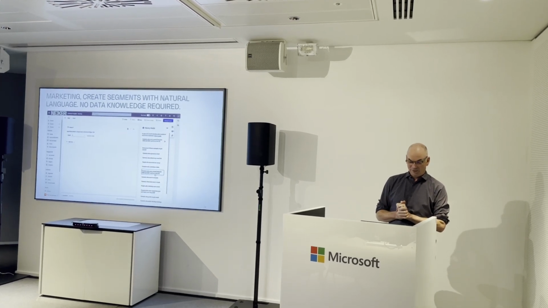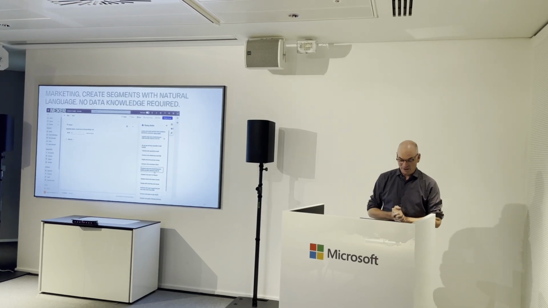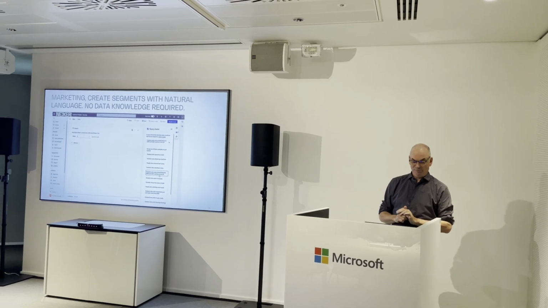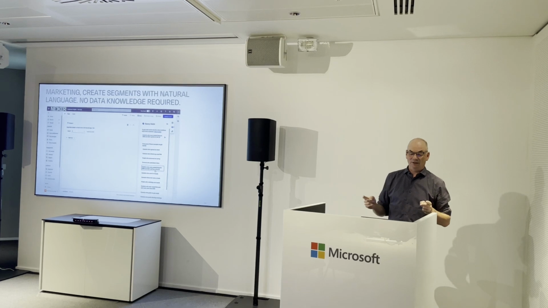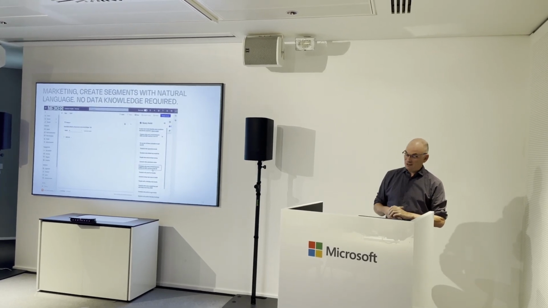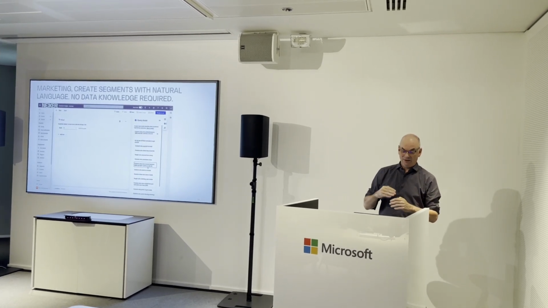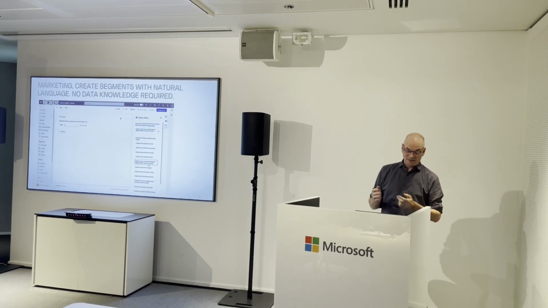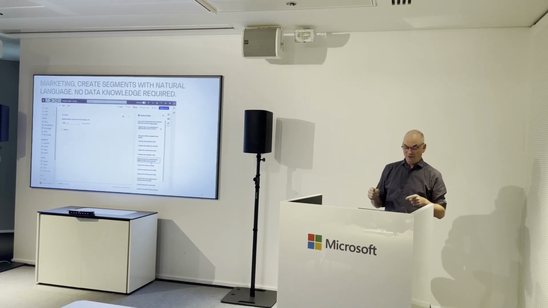With Copilot, you need less knowledge, because you'll see here something called Query Assist on the right. This enables you to basically write out in natural language the sorts of contacts that you want to include within this campaign. What happens is it uses Copilot to build up a filtered list using the data, because it knows how to interpret that text into the fields and filter those fields for you.